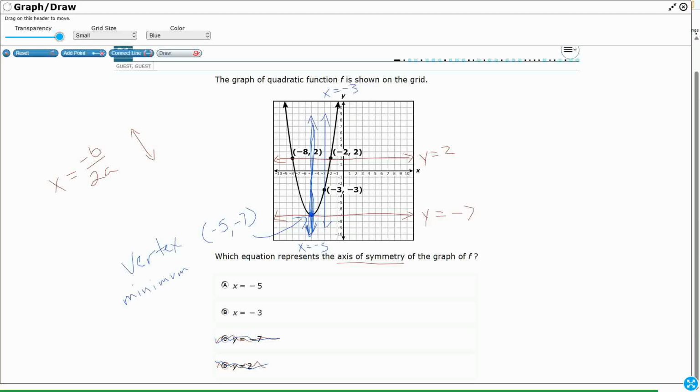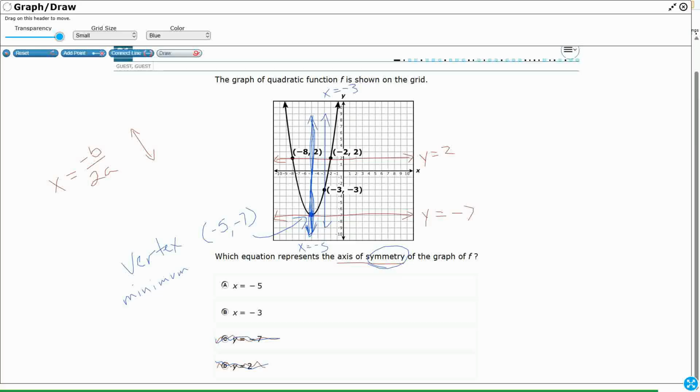And so axis of symmetry, well, if we didn't know what that meant, axis of symmetry means we have this parabola shape, and you can reflect one side of the parabola on the other side across this axis of symmetry, and it would map exactly. So imagine if we're going to fold this in half.